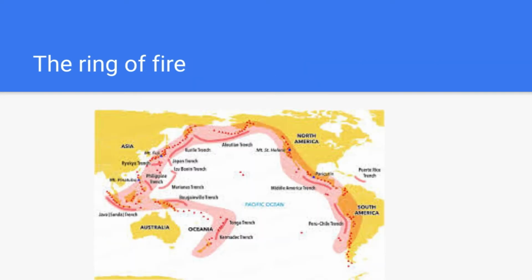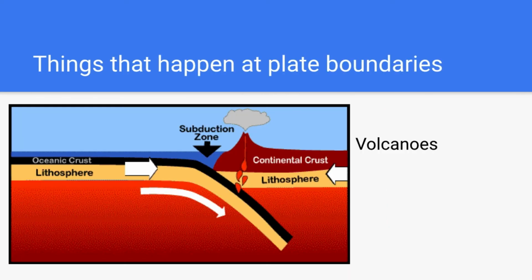Oh yeah, and this is the Ring of Fire. The Ring of Fire is the major area in the Pacific Ocean where many earthquakes and volcanoes occur.